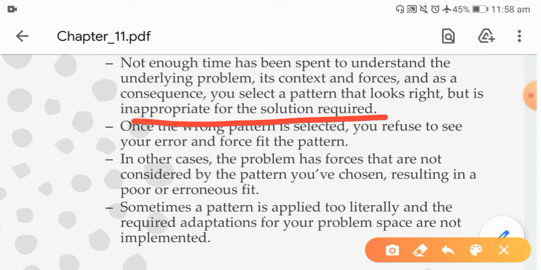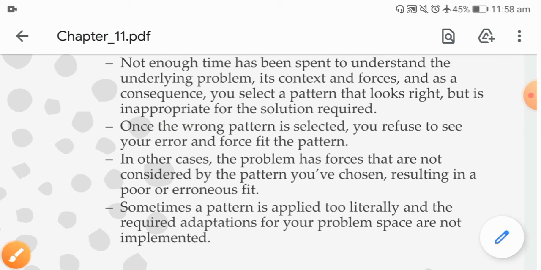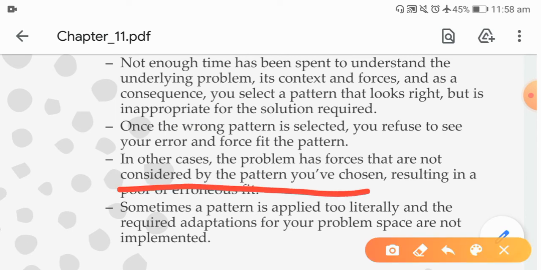Once the wrong pattern is selected, you refuse to see your errors and force fit the pattern. In other cases, the problem has forces that are not considered by the pattern you have chosen, resulting in a poor or erroneous fit. Sometimes a pattern is applied too literally and the required adaptations for your problem space are not implemented.